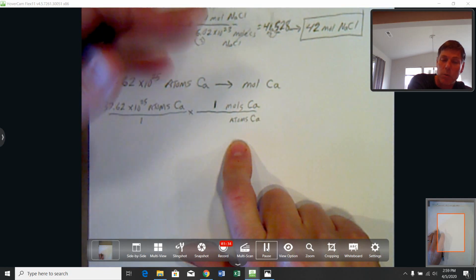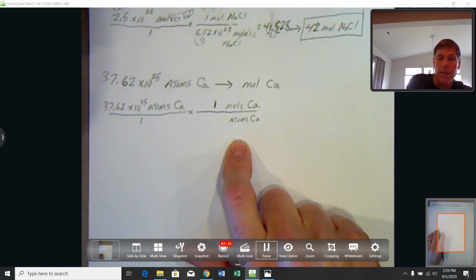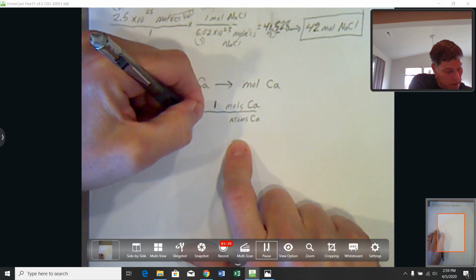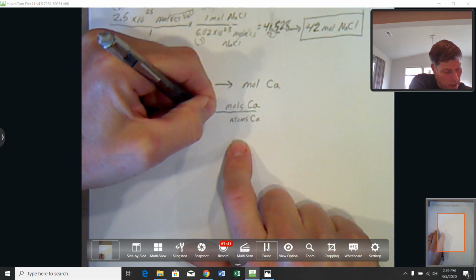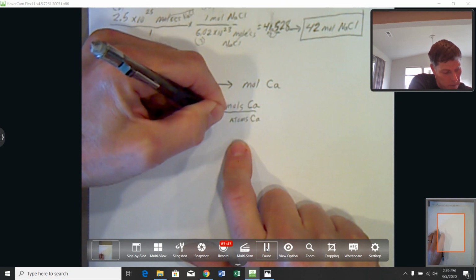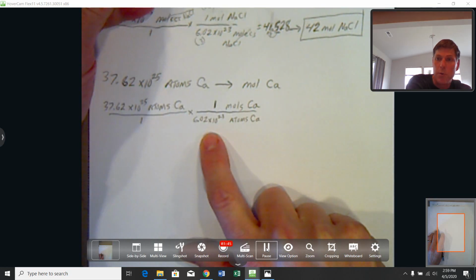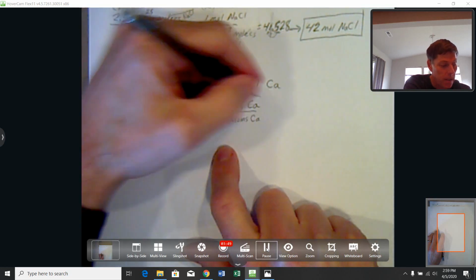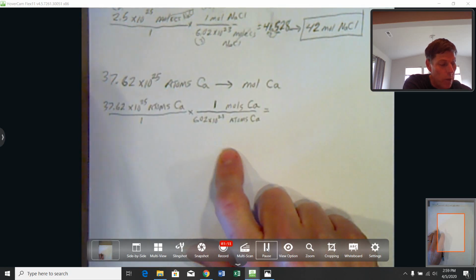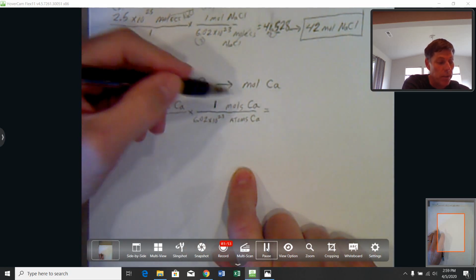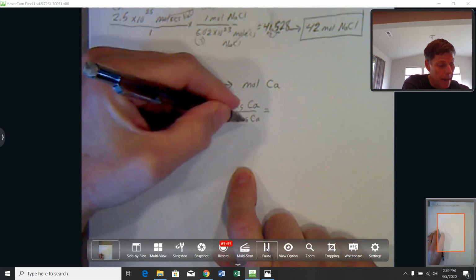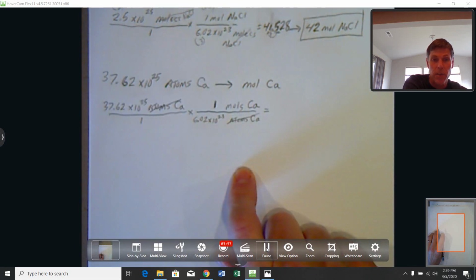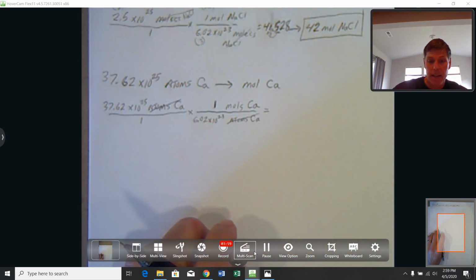That doesn't change. Like 12 eggs is always a dozen, 1 dozen. But in this case, it's 6.02 times 10 to the 23rd atoms, or 6.02 times 10 to the 23rd anything equals 1 mole. So with that, we go ahead and equals, because that's what I'm looking for. My atoms of Ca have canceled out. And go ahead and run this on the calculator quick.